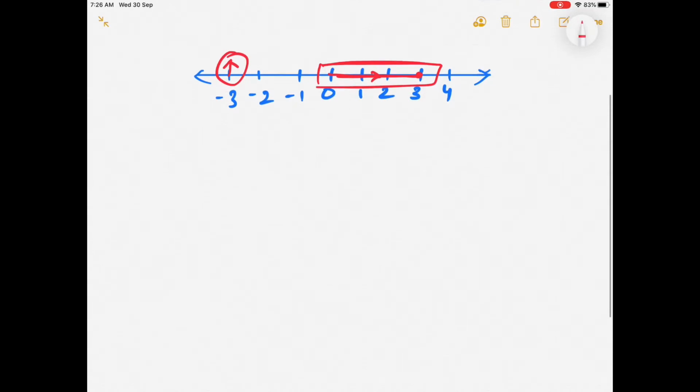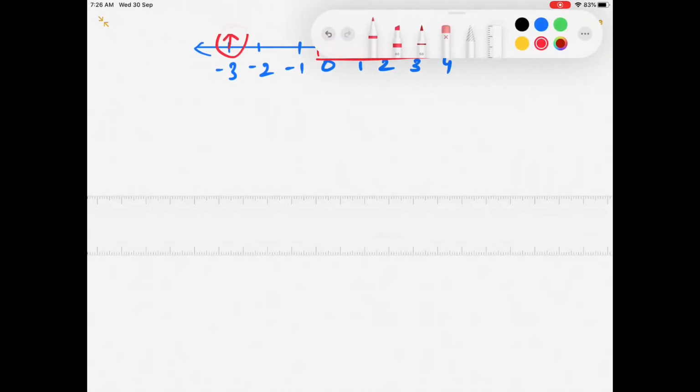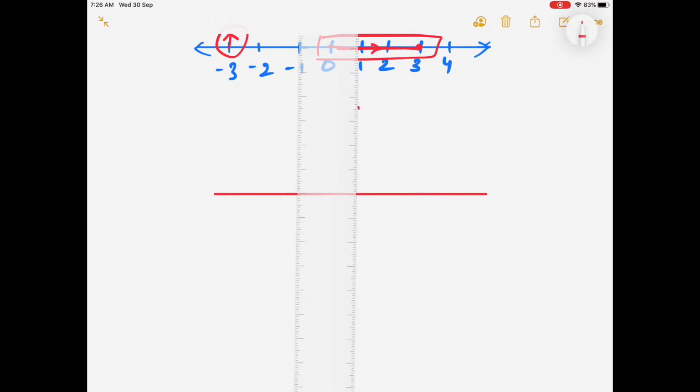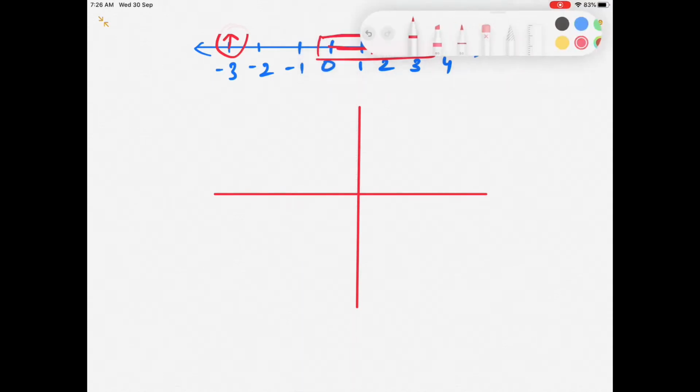For example, suppose we have a number line like this, one number line like this and another like this. Suppose an object is placed here.